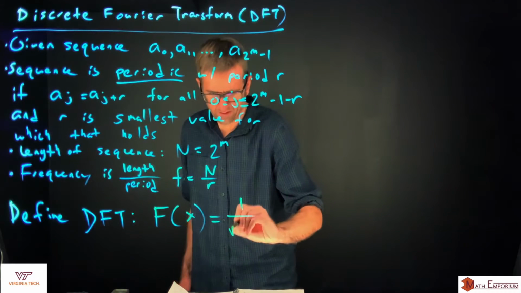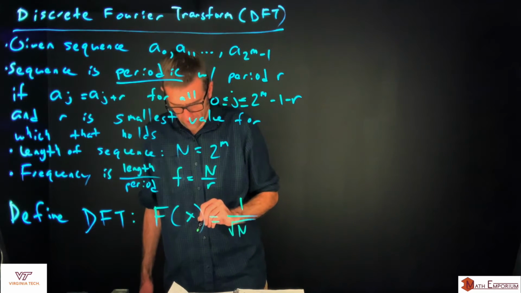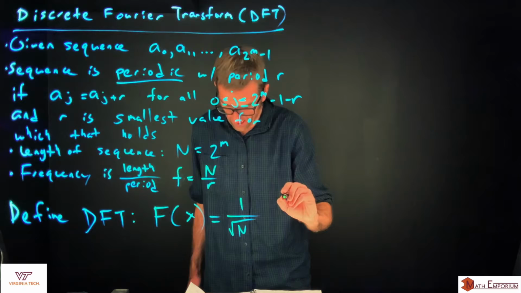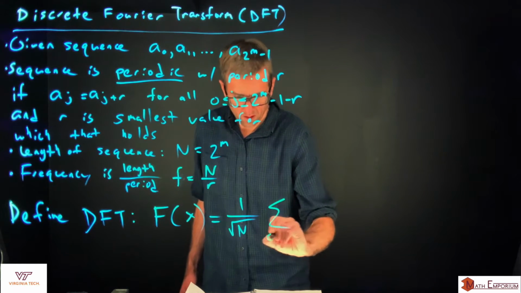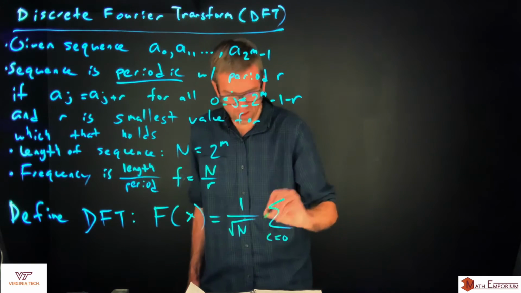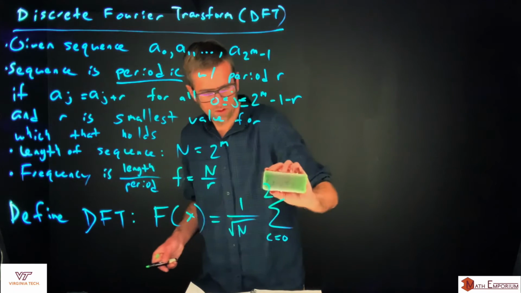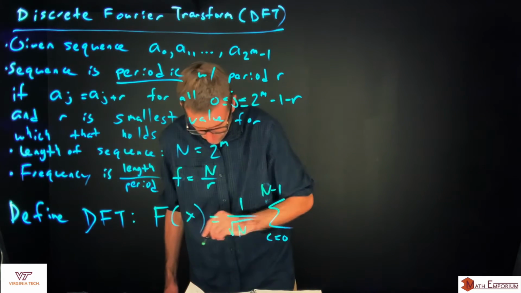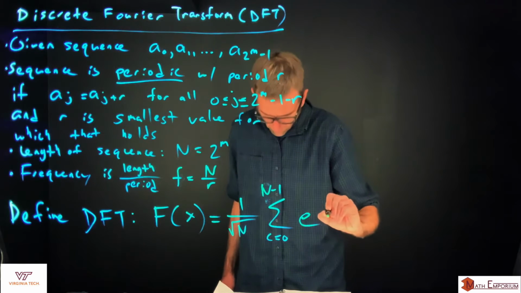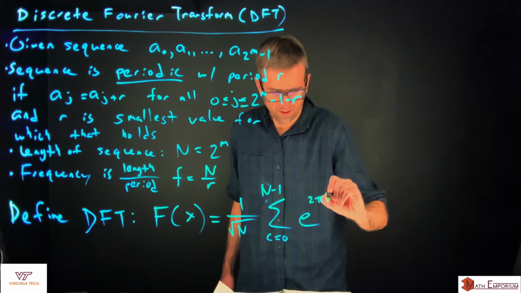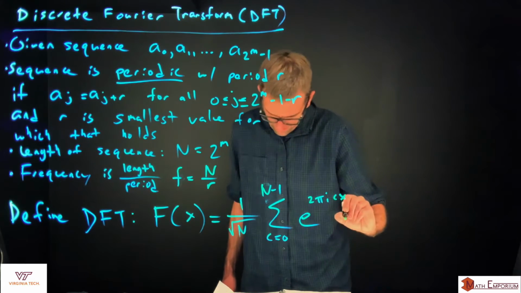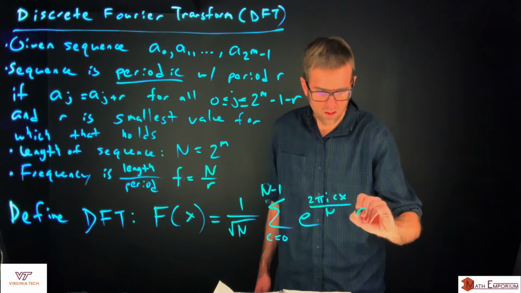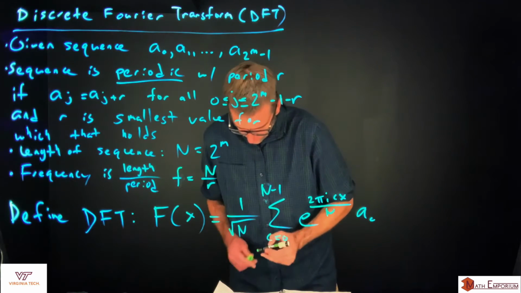The way we're going to define this is 1 over root N, so that the number we end up with is still normalized, times the sum where c goes from 0 to capital N minus 1 of e to the 2 pi i c x over N, times a sub c.